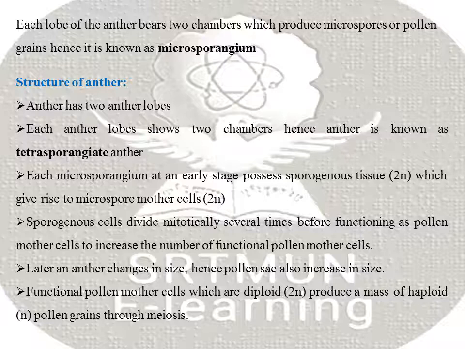Later the anther changes in size, hence the pollen sac also increases in size. Functional pollen mother cells, which are diploid 2n, produce a mass of haploid n pollen grains through meiosis.